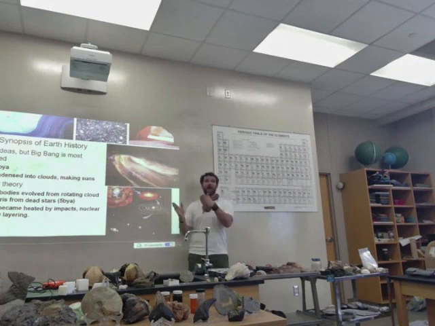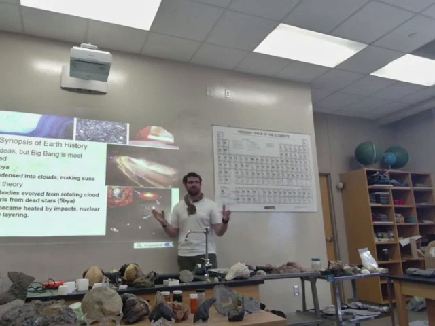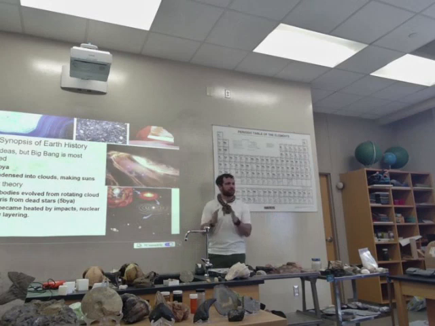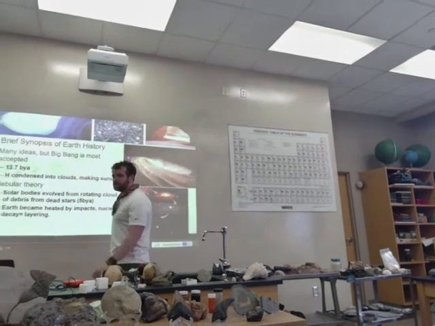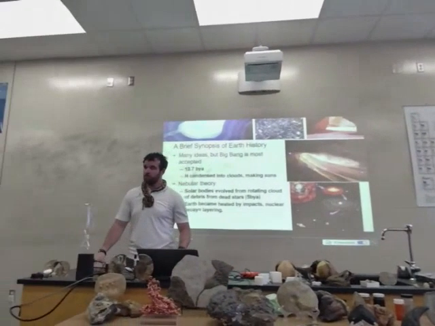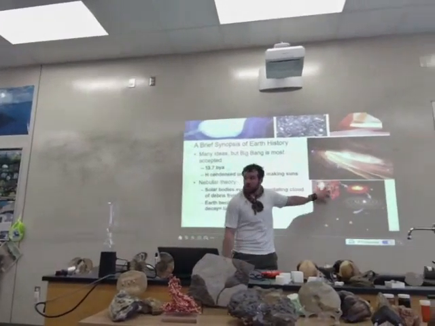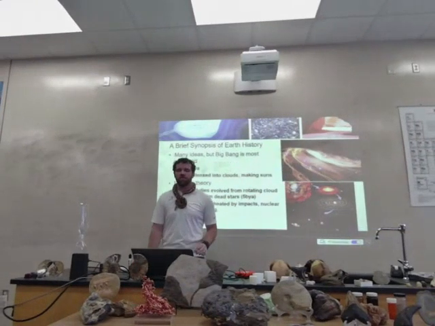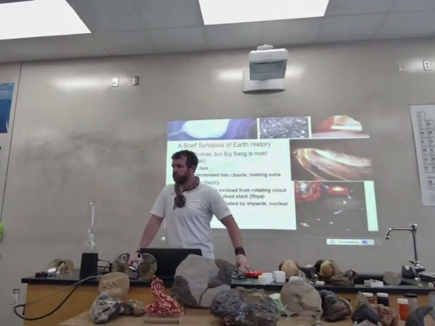And then further away, we get our gas giants: Jupiter, Saturn, Uranus, Neptune, right? That separation between the rocky planets and the gas giants is because of the density of the materials involved in making those planets. We call this the nebular theory, where you go from this sort of nebulous cloud into this system. Now, we call this the solar system.